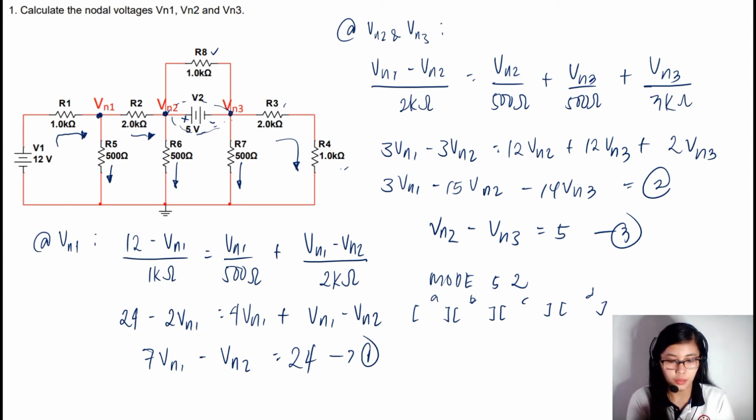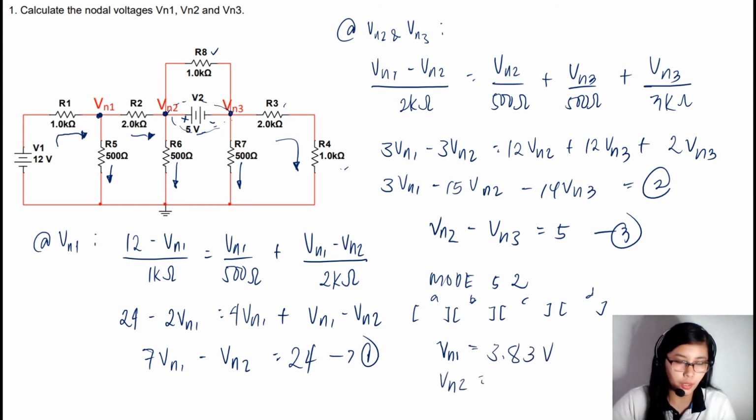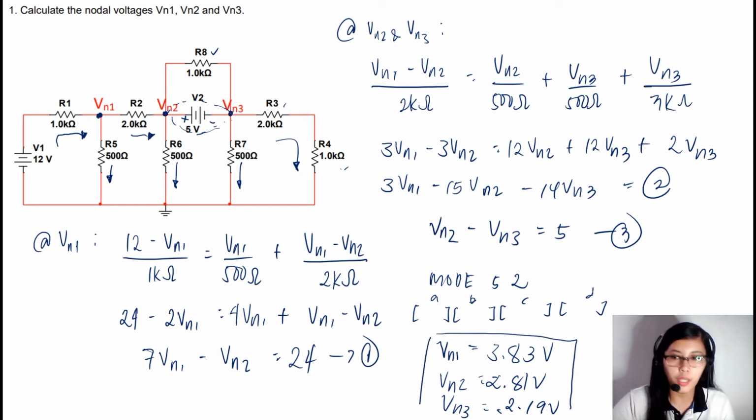Our answer would be: Vn1 is equal to 3.83 volts. Vn2 is equal to 2.81 volts. And our Vn3 is equal to negative 2.19 volts. So these are the answers for Vn1, Vn2, and Vn3.